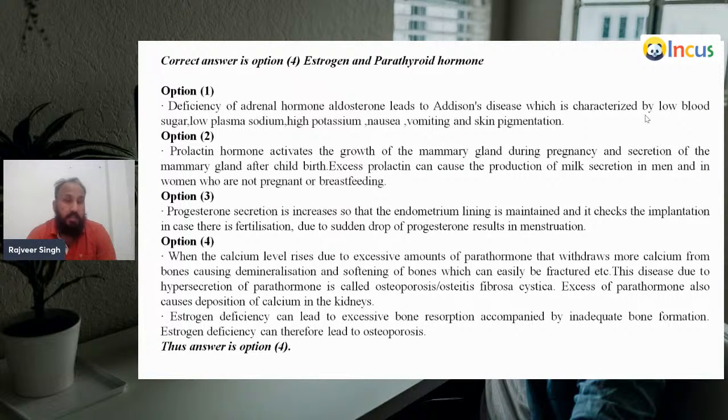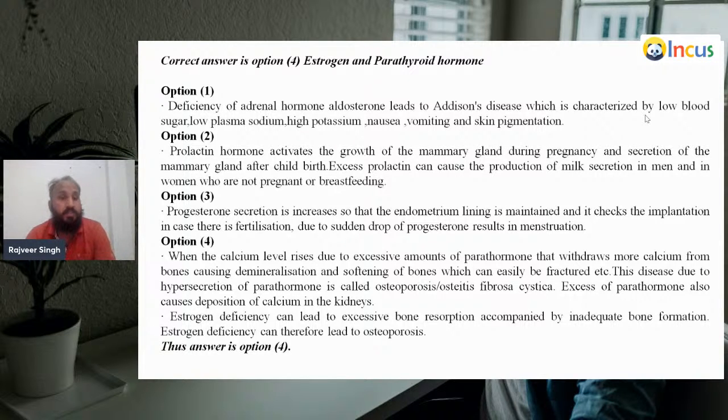Option fourth: when the calcium level rises due to an excessive amount of parathormone, it withdraws more calcium from bones, causing demineralization or softening of bones, which can easily fracture. This disease due to hypersecretion of parathormone is called osteitis fibrosa cystica.